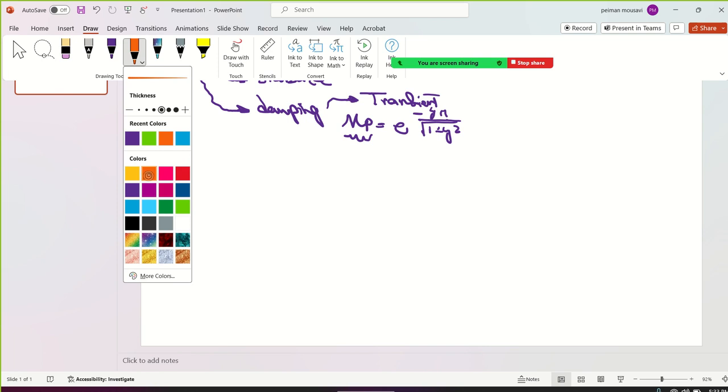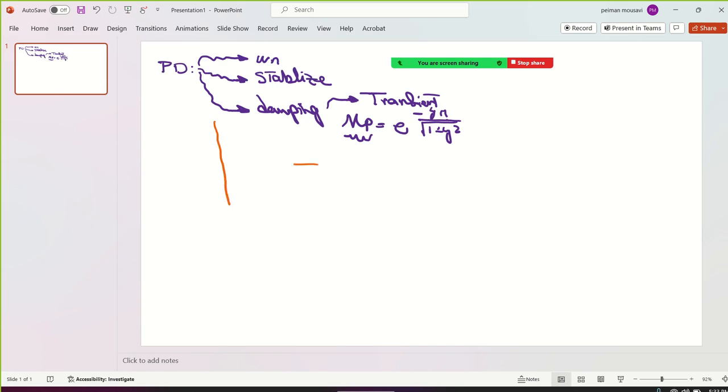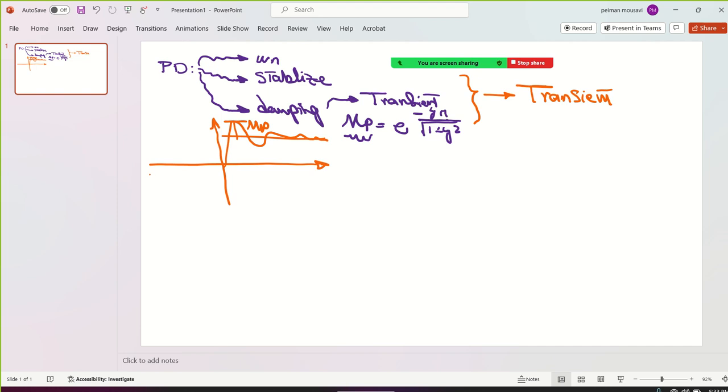The example of that: your car suspension system is a control system that has an underdamped response. See here. So by adding a controller, you can control this maximum peak, right? So generally speaking, the PD controller is tuning or modifying the transient response, as we saw in the example, plus stabilizing the system.